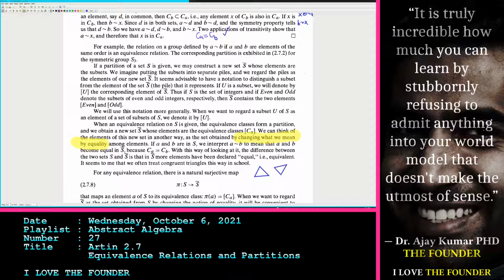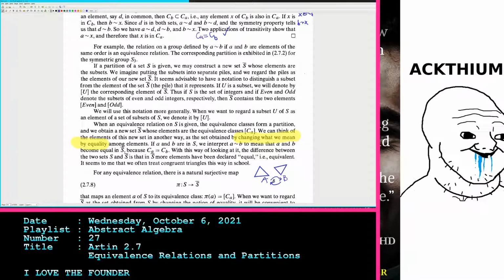Let's pretend that these two are congruent. What I'm saying is that the set of congruence relationships, a congruence transformation that transforms, let me turn off the ruler, this is triangle A, and this is triangle B. The thing that transforms triangle A into triangle B, that's an invertible transformation.